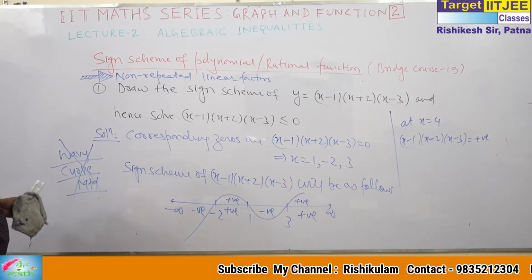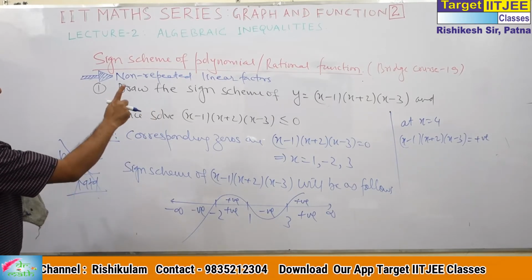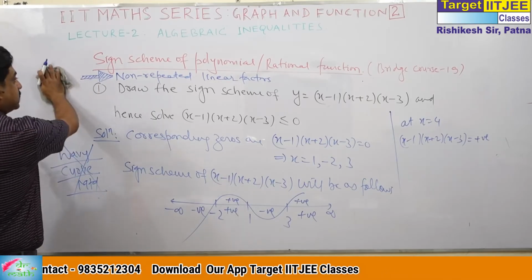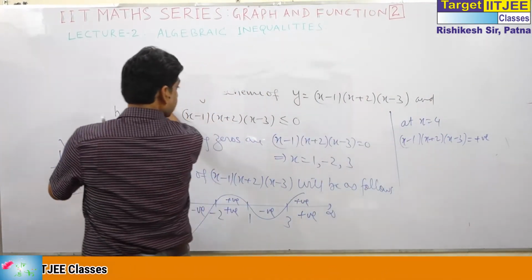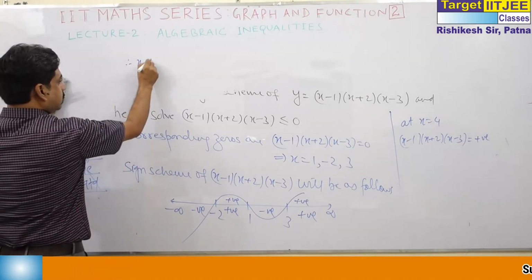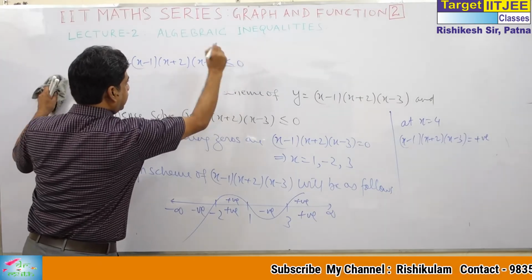Now, we have to solve this. This is the sign scheme, and now we have to solve (x minus 1)(x plus 2)(x minus 3) less than or equal to 0.